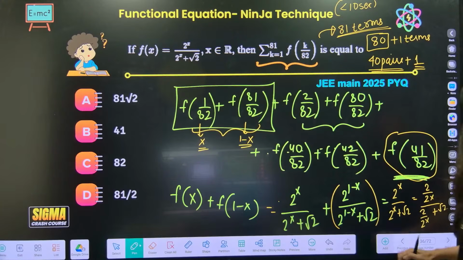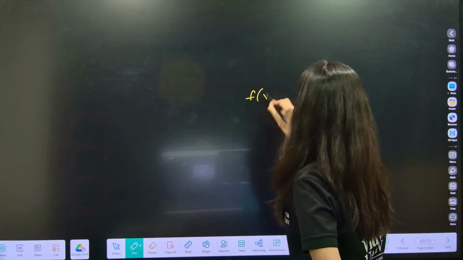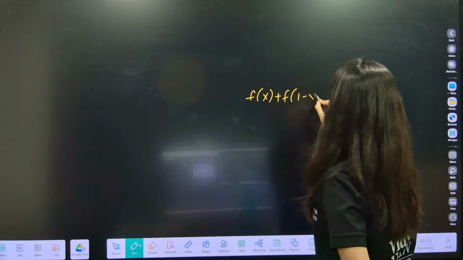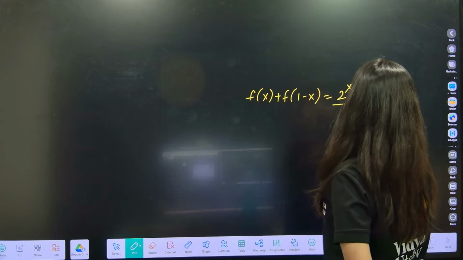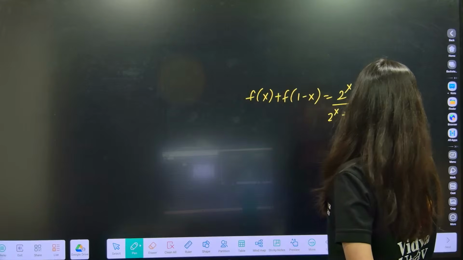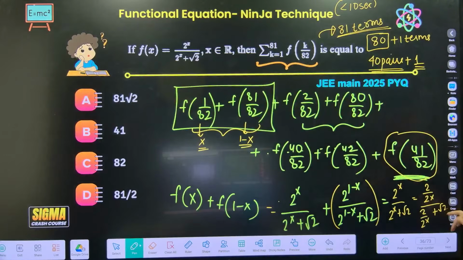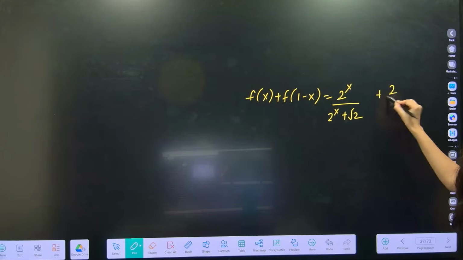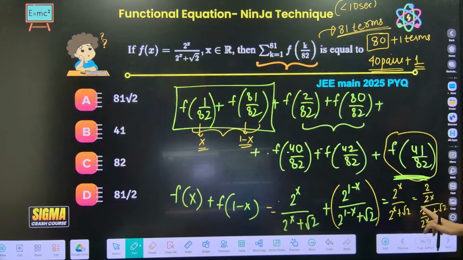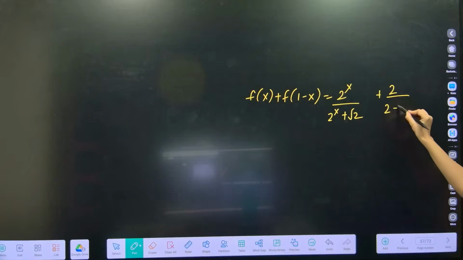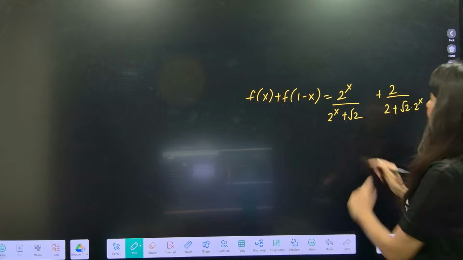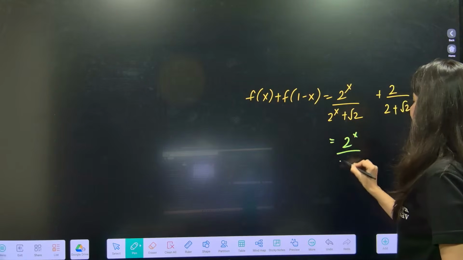Okay, solve it. f of x plus f of 1 minus x. It will be 2 power x plus root 2. Okay, and this is what, if you take LCM, 2 upon, it will be 2 plus root 2 and 2 power x. Okay, now if you take root 2 out, so this will be same.